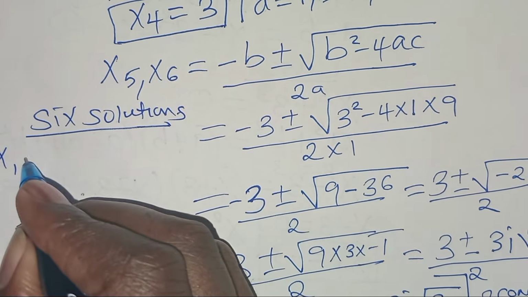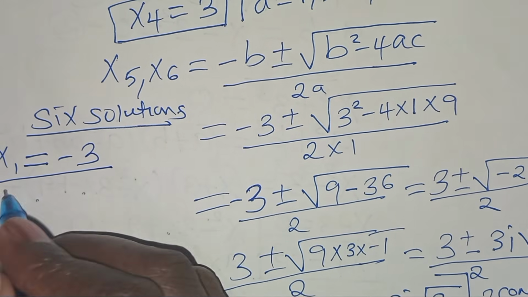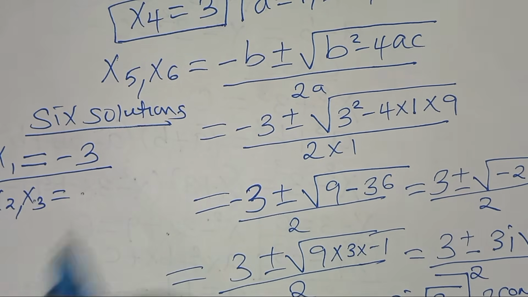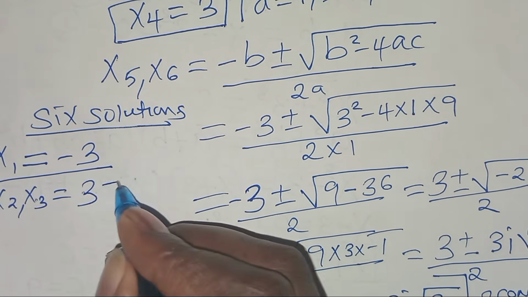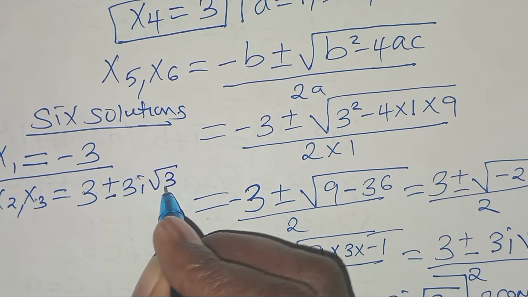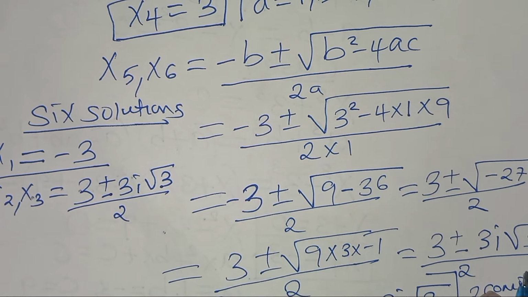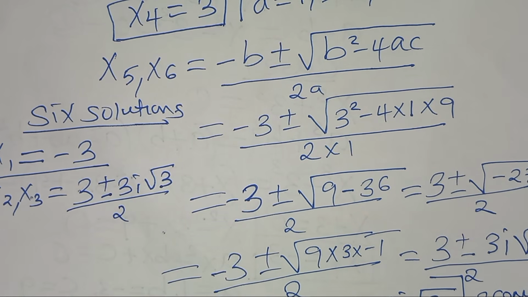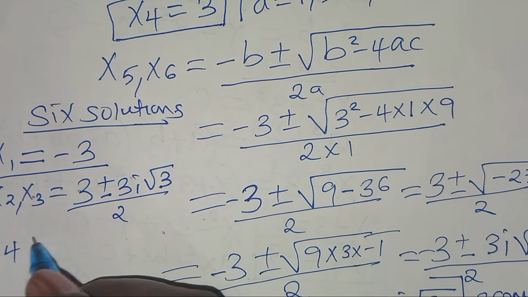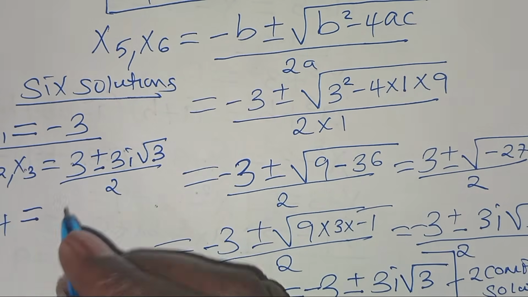We have x1 equal to negative 3. We have x2, x3, and this is equal to 3 plus or minus 3i square root of 3 divided by 2. Then x4 here is equal to 3.